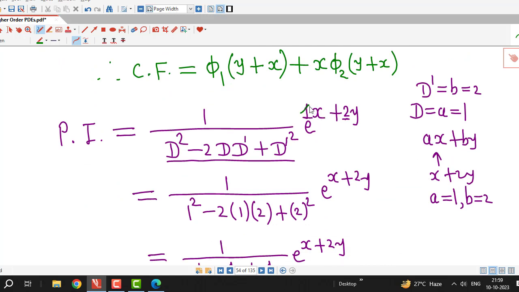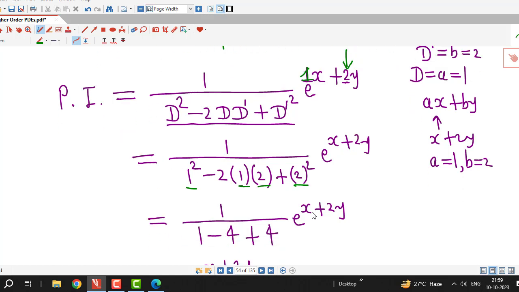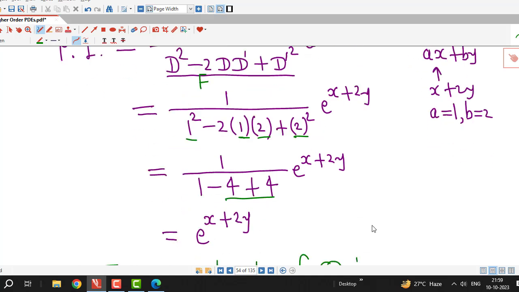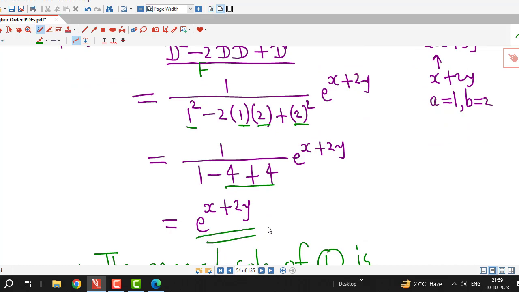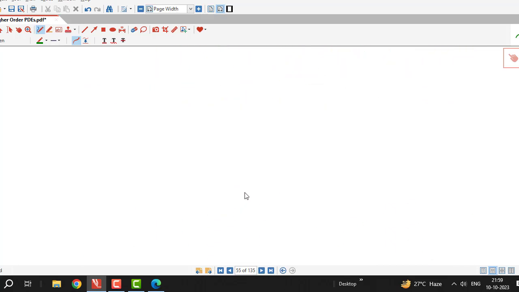All we have to remember is replace D by the coefficient of x, D dash by the coefficient of y, and check whether this f(D, D dash) remains non-zero. So here f(D, D dash) becomes 1 minus 4 plus 4, which is 1 at the point (1, 2). So therefore this is the particular solution or particular integral.